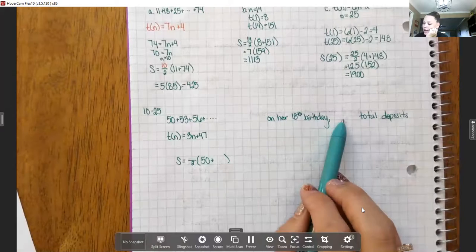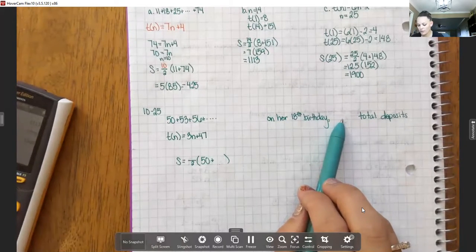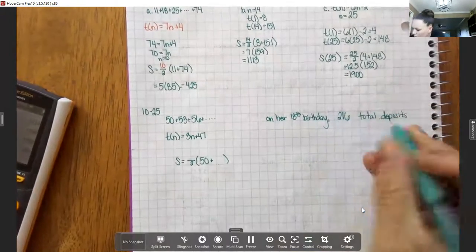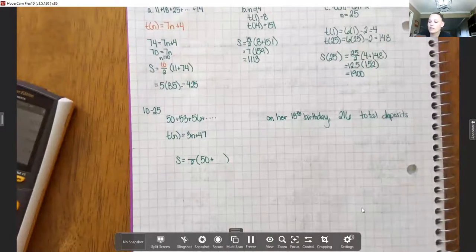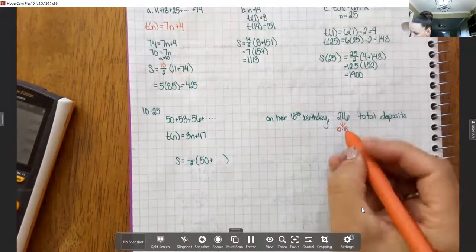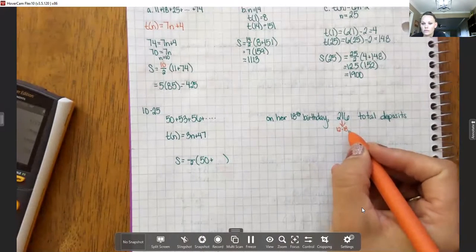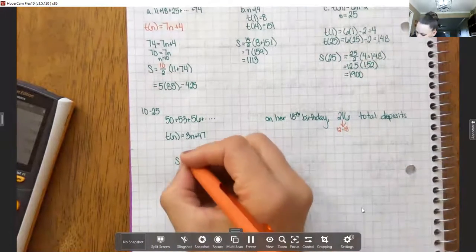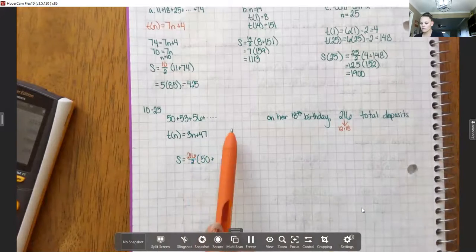So this isn't going to be 18. This is going to be 216. So he's going to make 216 total deposits. 216 comes from 12 times 18: 12 deposits per year for 18 years. So that's the number of terms.